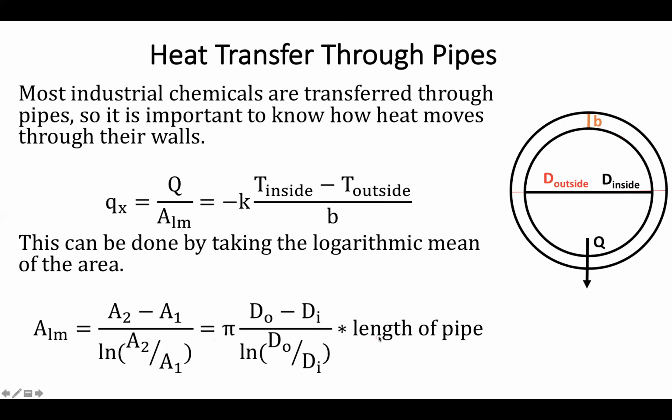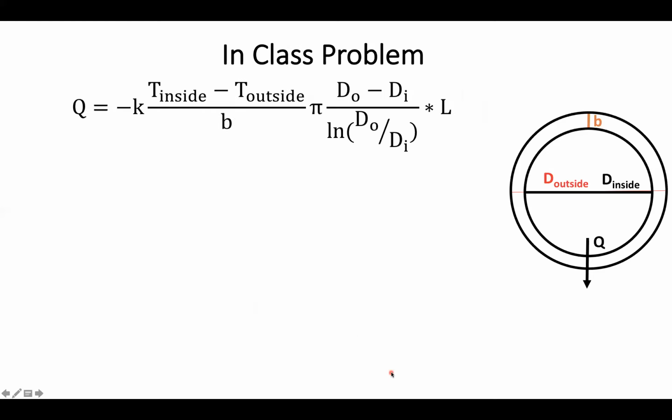So I can move pi and the length outside, and then all I'm left with is a ratio of the two diameters. So we can express the logarithmic mean as pi times the outer diameter minus the inner diameter, divided by the natural log of the ratio. And don't forget to factor out the length of the pipe. So this gives us a nice abbreviated equation to work with.